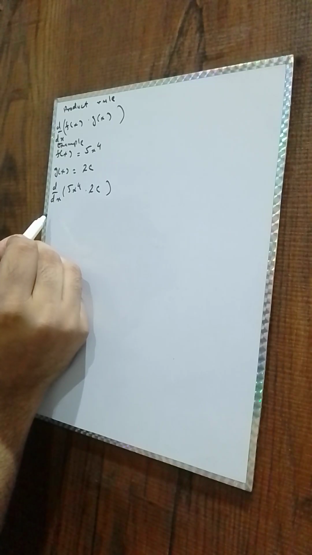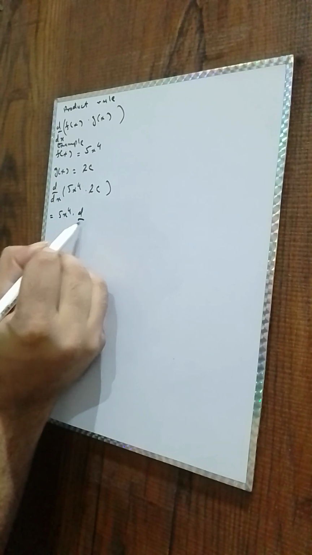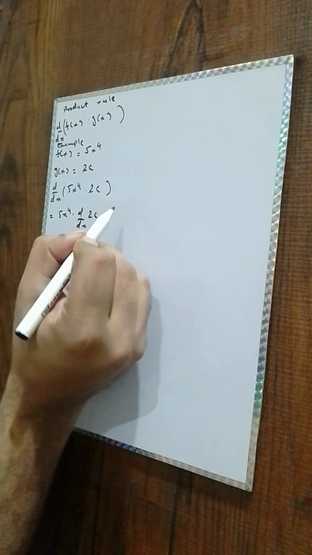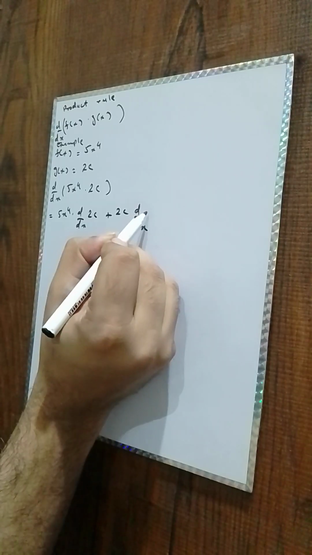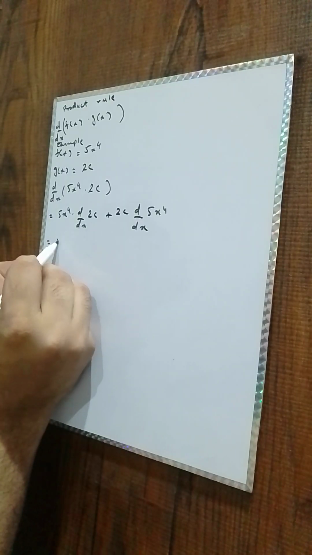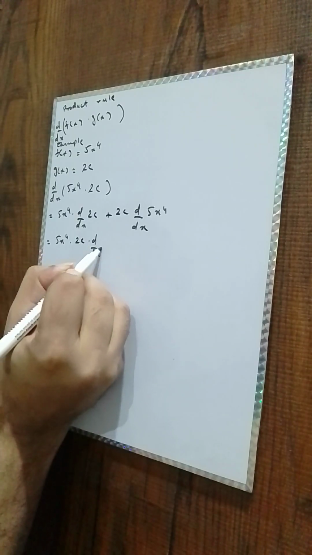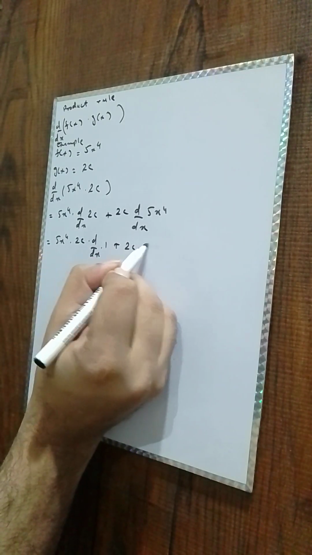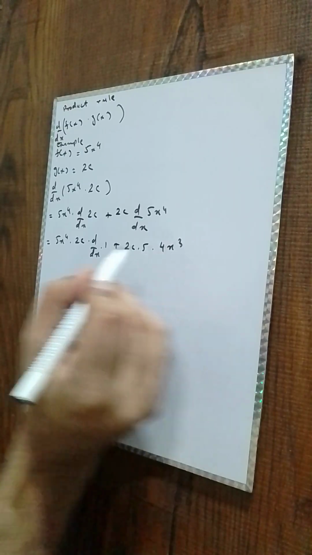But the point is to explain the product rule, and the product rule says that the derivative is equal to first function into the derivative of the second function plus second function into the derivative of the first function. So 5x^4 dot 2c dot d by dx of 1 plus 2c dot 5 dot 4x cube.